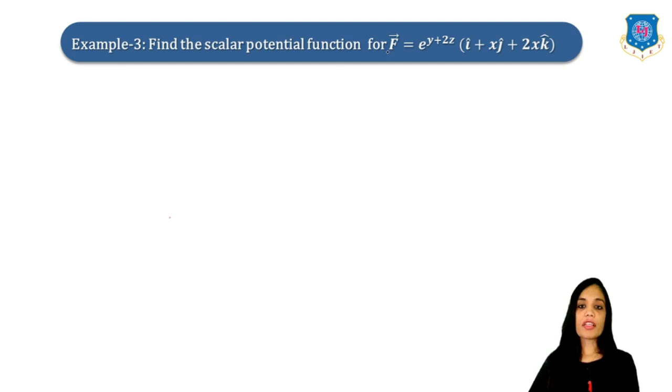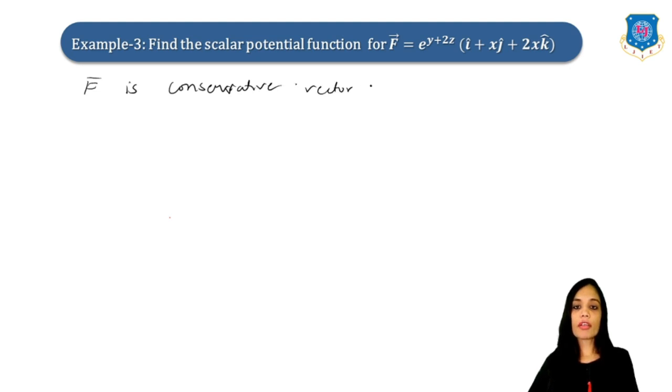We have to find the scalar potential function for F bar equals e raised to y plus 2z times i cap plus x j cap plus 2x k cap. Firstly, we don't have to find the curl here because we assume that this F bar is a conservative vector field. Therefore, we can write F bar equals grad phi.